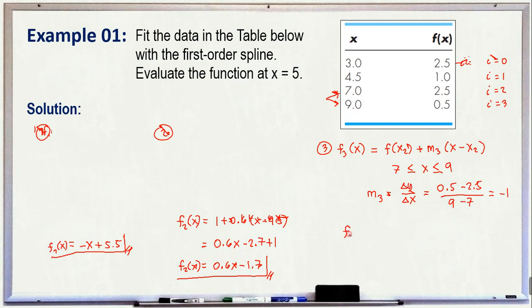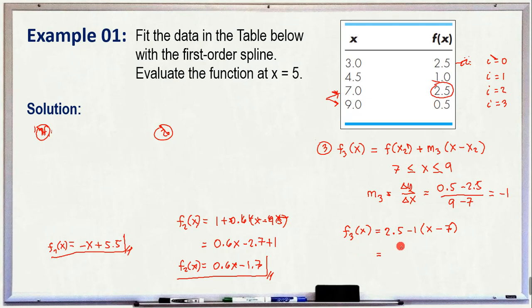Okay, so ang atong third nga line or our third linear spline is equal to f of x2. So ang f of x2 is this one, 2.5. So we have 2.5 plus the slope. So ang slope na to negative 1 man, so negative 1 times x minus our x2 is 7.